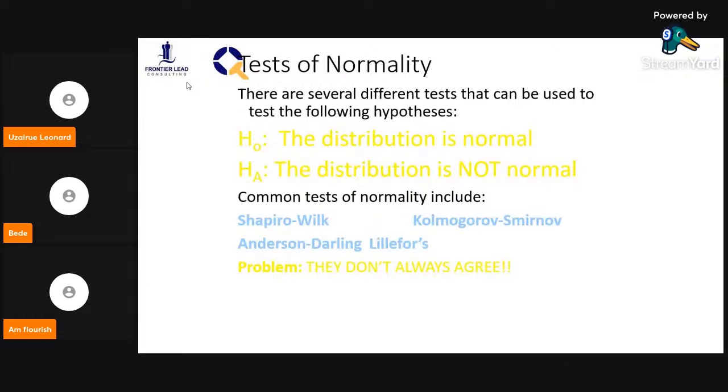That's why you don't just run the SW and KS tests and go and sleep. You have to correlate with other forms of test, for example, the histogram, the box plot, the quantile plot, the distribution, and all the rest, what we refer to as the probability plot.